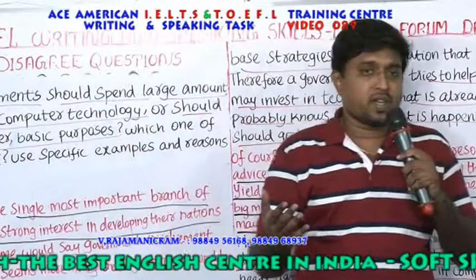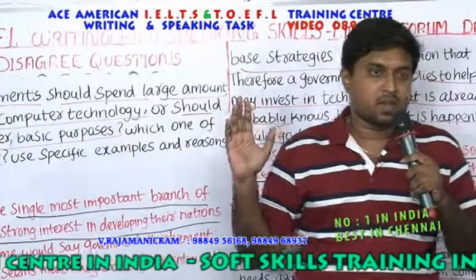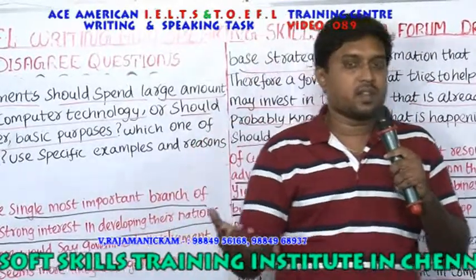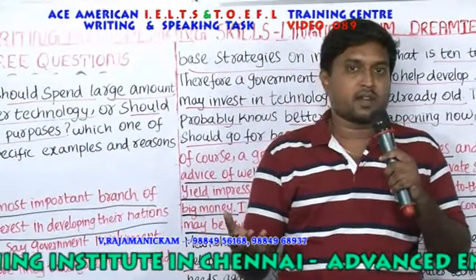See, if you take computer technology or information technology, the government has many sources to get funds, like direct and indirect taxes.